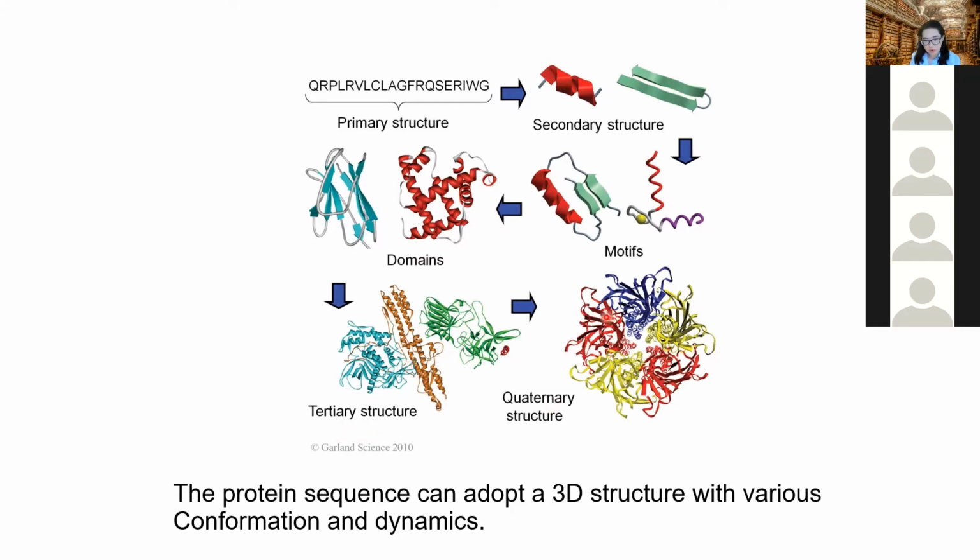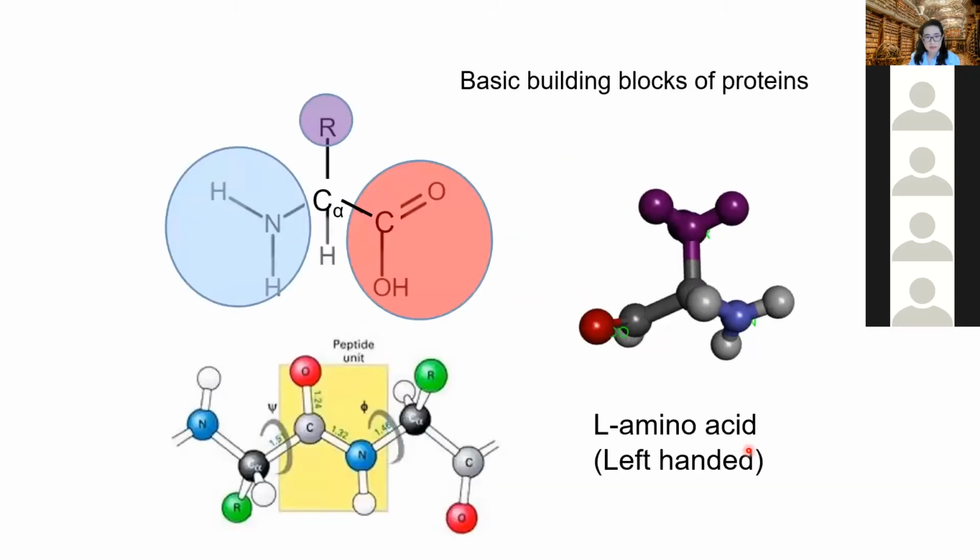And if it has cooperativity among each unit, it will be called a quaternary structure, as we can see in hemoglobin in various subunits. So we have protein sequence that can adopt 3-dimensional structure with various conformation and dynamics.